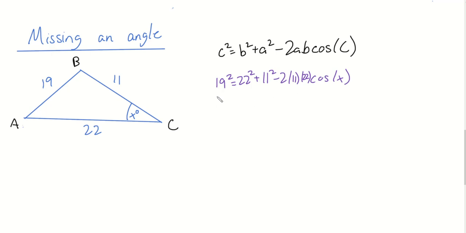Okay. What is 19 squared? 361. 361 equals, what is 22 squared plus 11 squared? Let's do step by step. What is 22 squared? 484 plus 121.